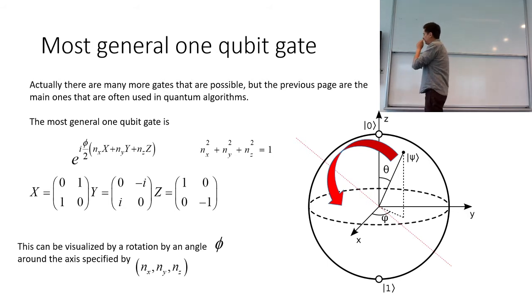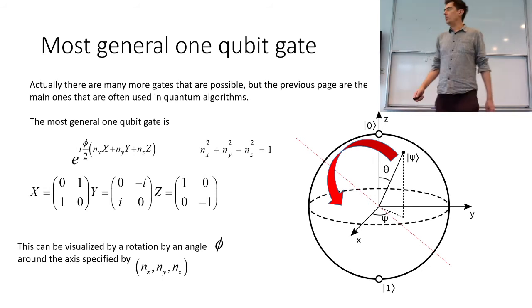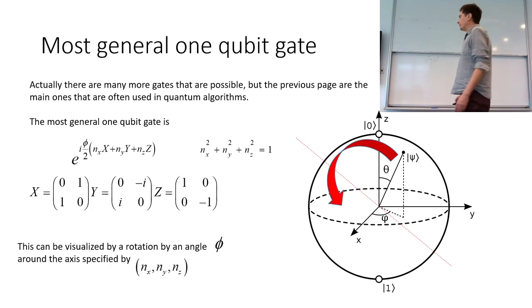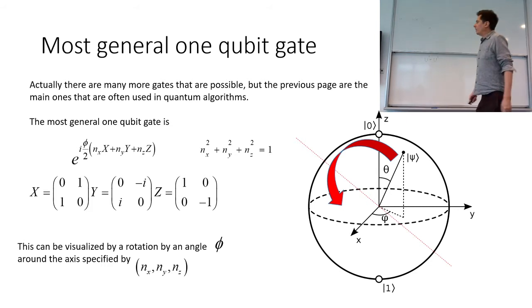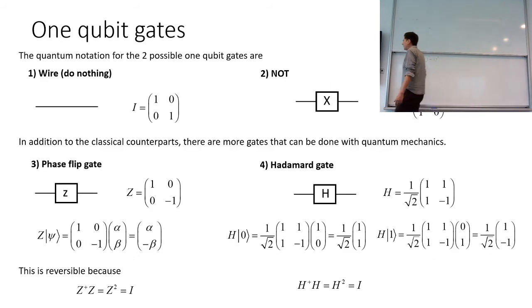What that would do is take this state and rotate it around that axis. So this would actually be the most general single qubit gate. And the angle that it rotates this around is just whatever that coefficient there is.